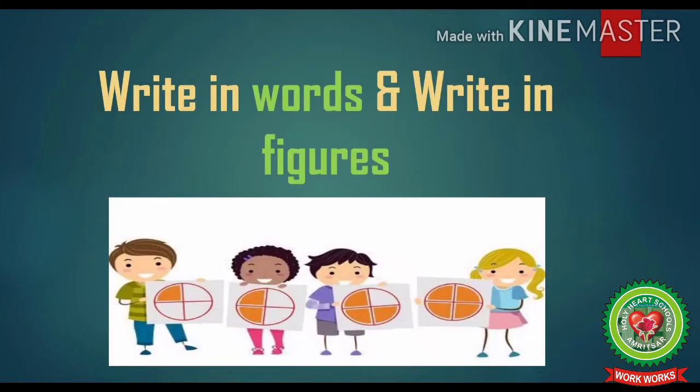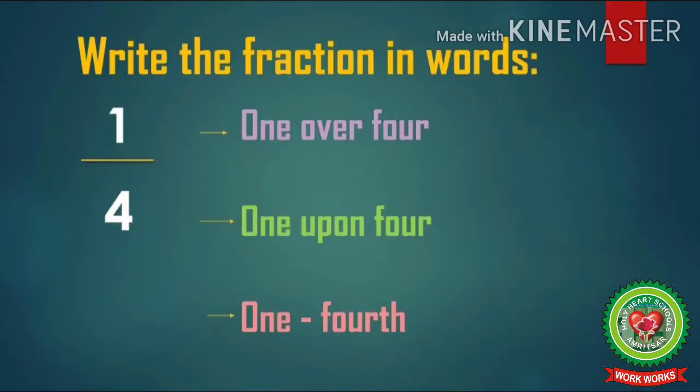Let us now begin to understand how to write the fractions in words and also in figures. Look at the first fraction. We can write this fraction in three different ways. We can write it as 1 over 4 or 1 upon 4 or 1/4.